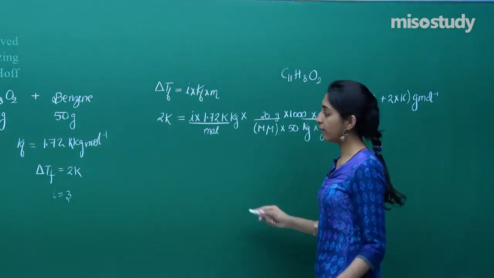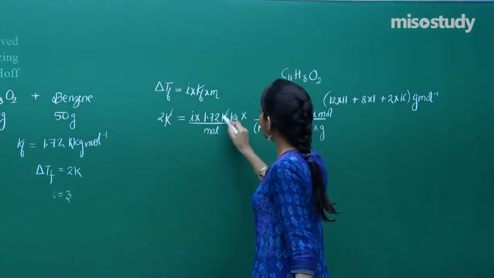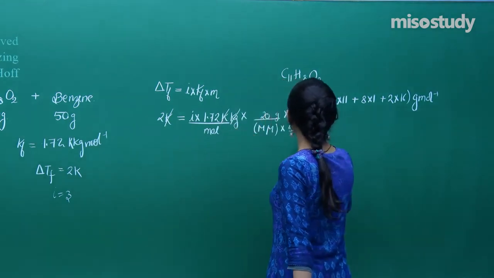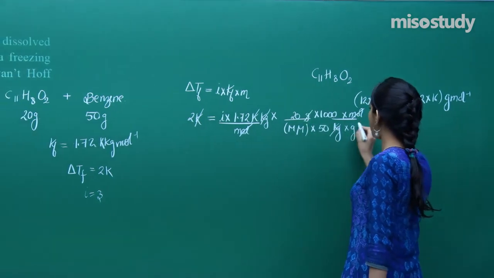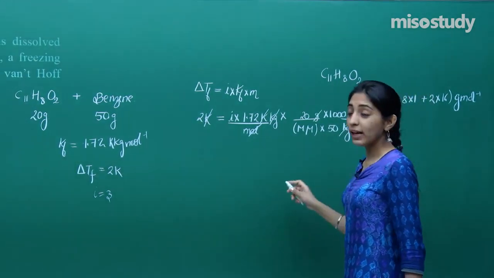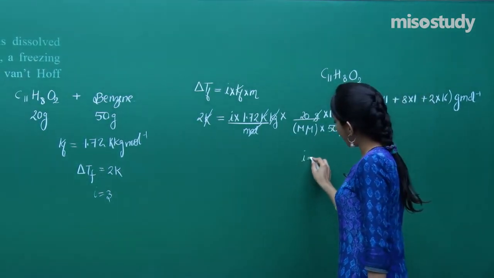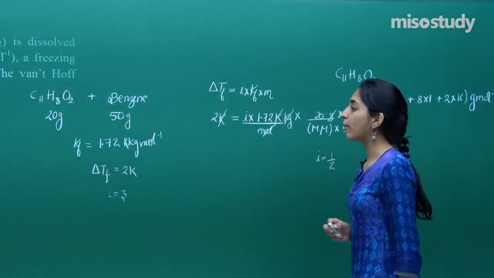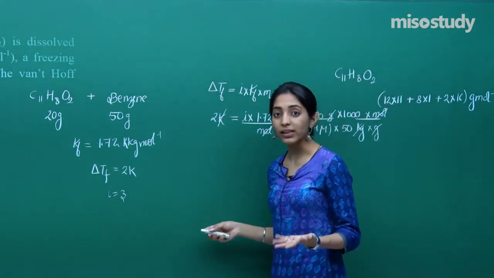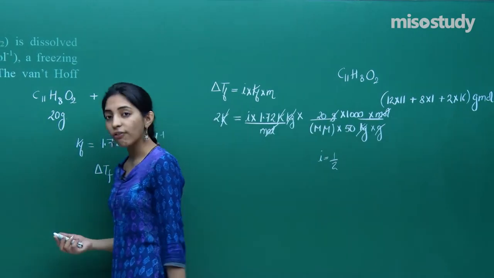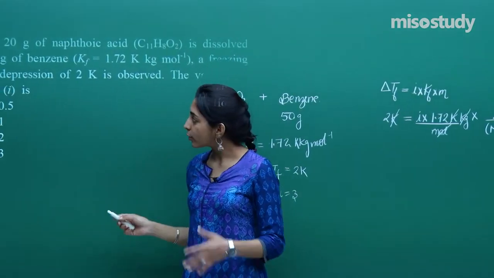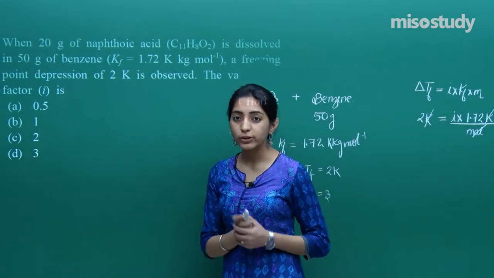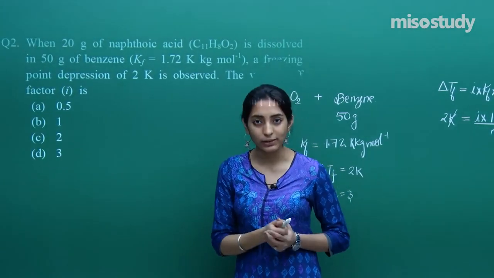Now see, Kelvin will get cancelled, kg will get cancelled, mole will get cancelled, gram will get cancelled. You can just figure out the value of i, which will come out to be 1 by 2. I have done the calculation earlier, so the value of i that I got is 0.5. So marking option number A as the correct option for this particular question as well.